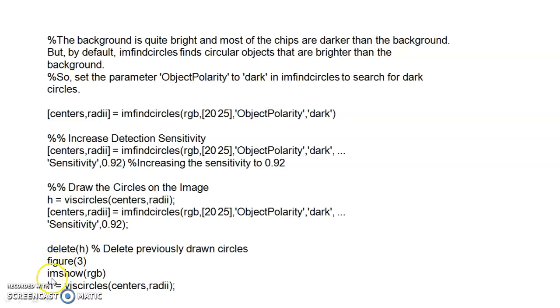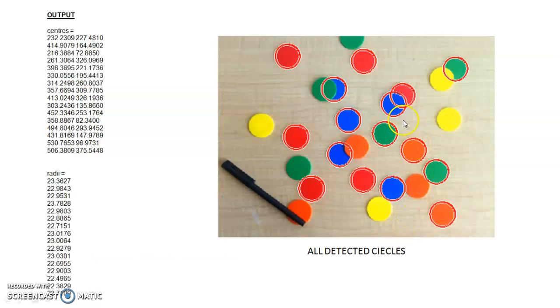Then we will display the third figure, which will be like this: auto detected circles, all detected circles in the original color image format. These circles are detected. These are the centers and the radius of every circle we have got.